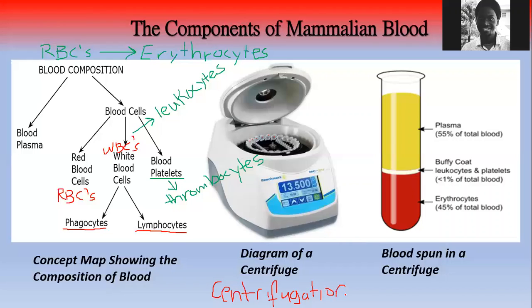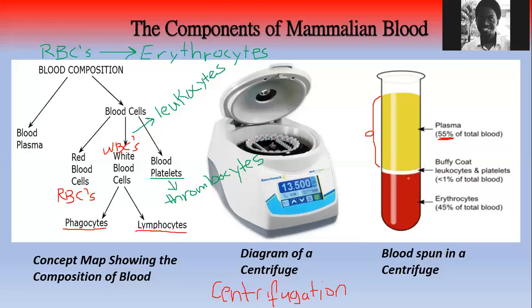So you have centrifugation as the separation technique to separate the components of blood based on their relative density. Now, in blood, as you can see here, the top portion is plasma, and it consists of 55% of total blood volume. The blood cells would make up the next 45%.